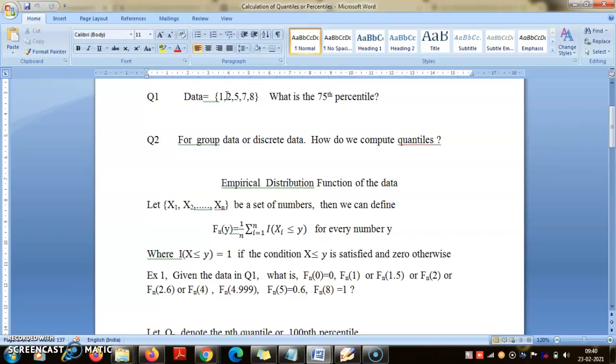All numbers are less than or equal to 8, so F_n(8) will be 1. And if you take any number, say, what will be F_n(9)? I am leaving it as a question for you.